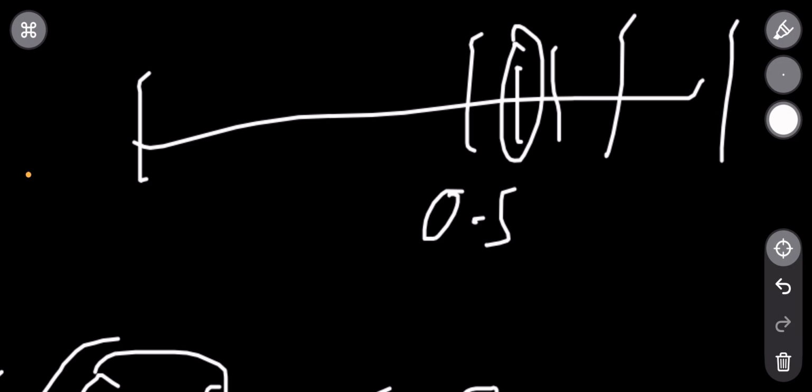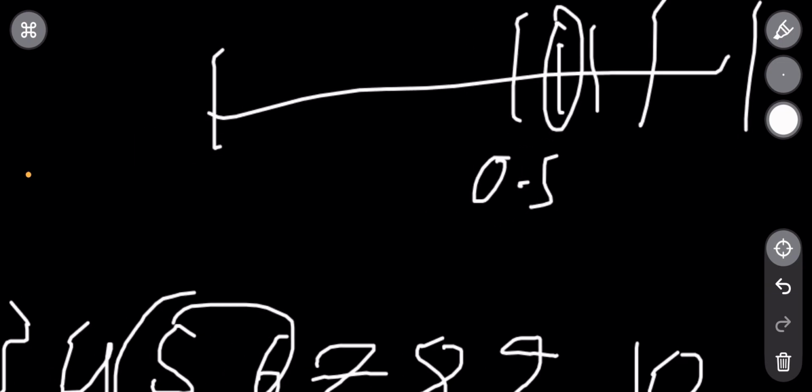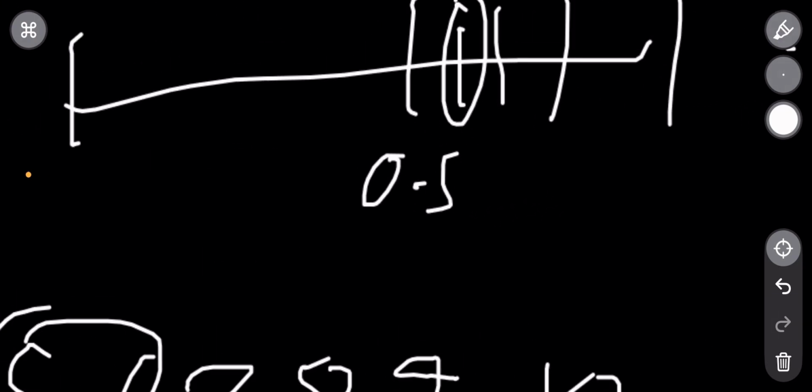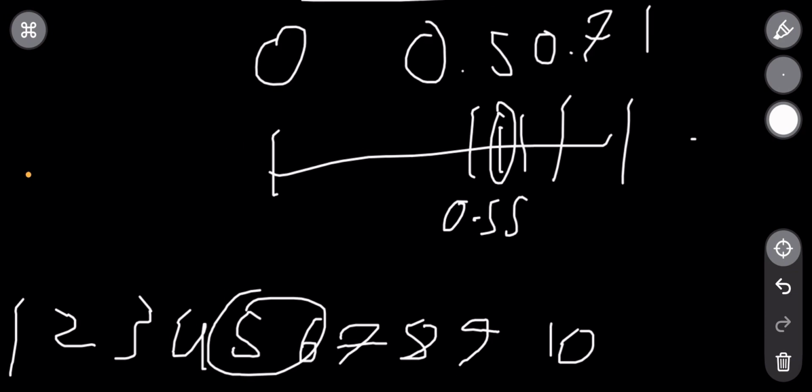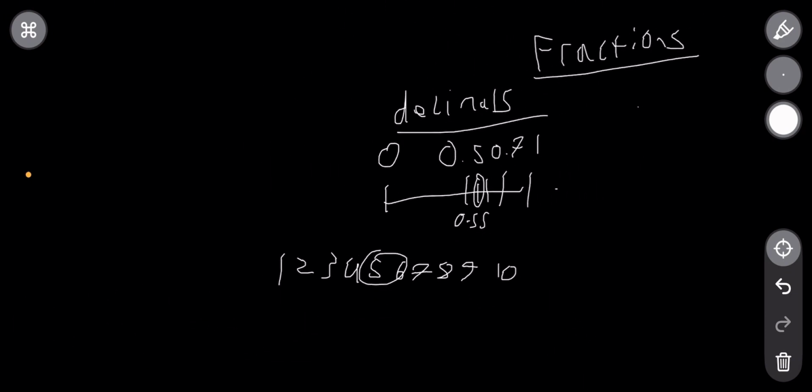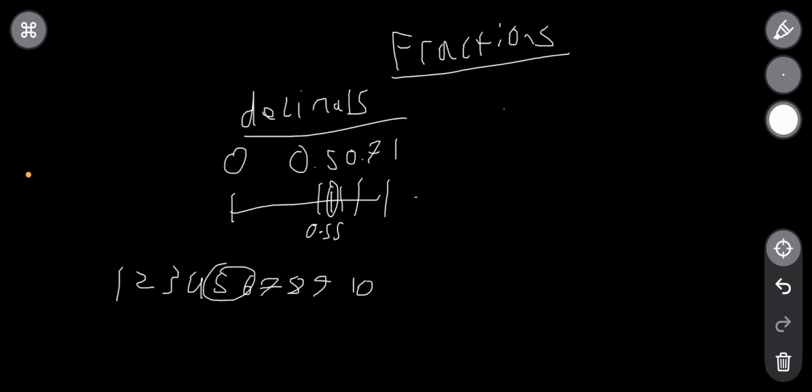So after the 5, halfway between 0.5 and 0.6, 0.55. Pretty simple. I hope you understood that. That's just the basic rundown of decimals. They just show very, very precise numbers. But you can get way more precise with fractions.